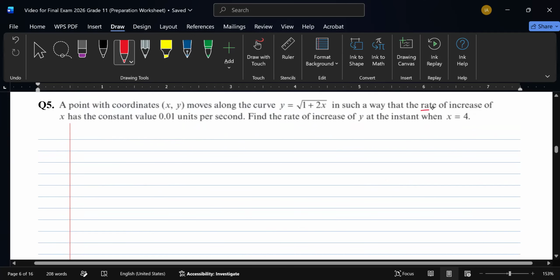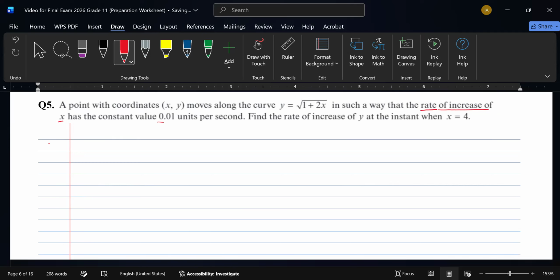The rate of increase of x is given as 0.01. It means they have given the rate of change of x, that is dx/dt, is 0.01. And they ask you to find the rate of increase of y, which means they are looking for the rate of change of y.